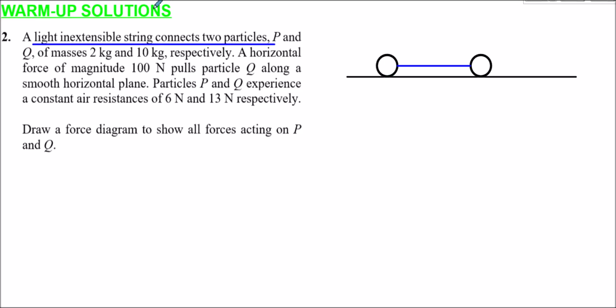So this one here, I'm going to label P, and the other one can be Q. So it says a horizontal force of magnitude 100 newtons pulls particle Q along this plane. So there's a force going forwards of size 100 newtons acting on Q. So I'm going to just do that there and call that 100.